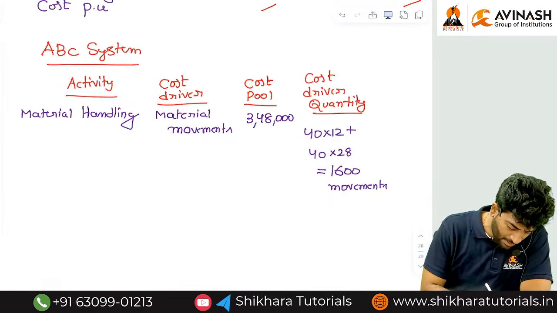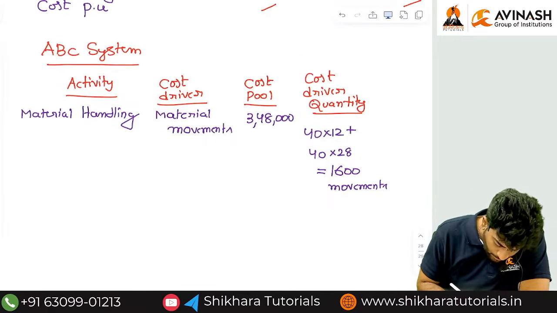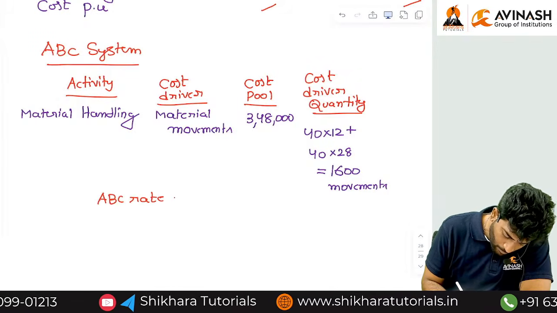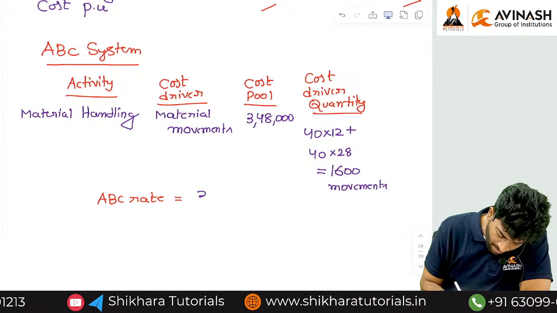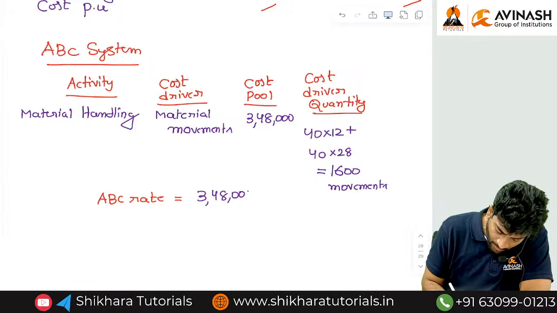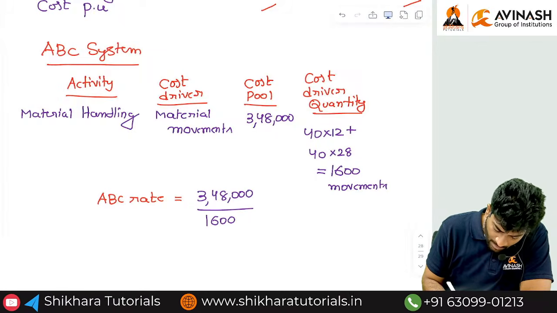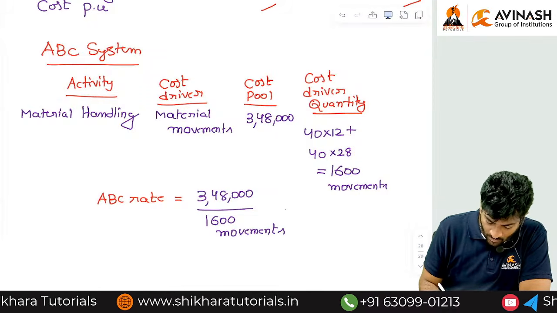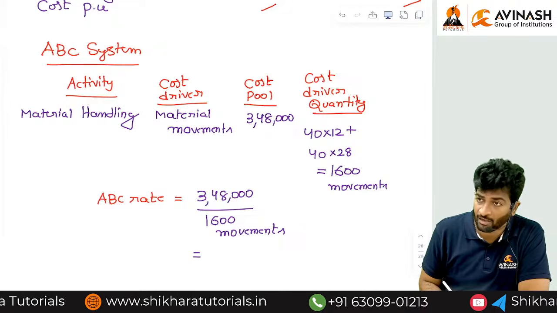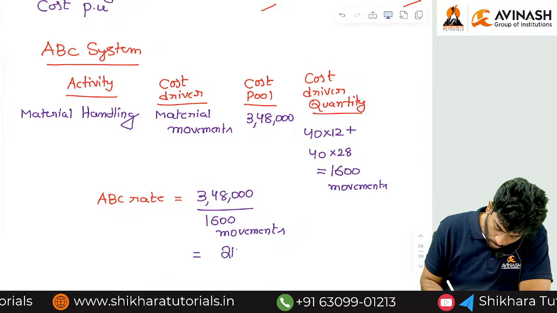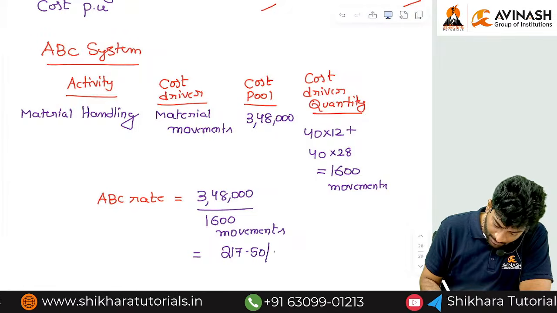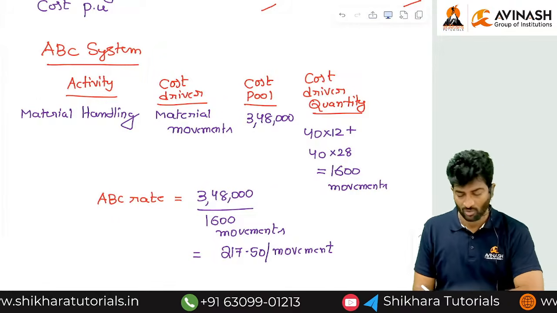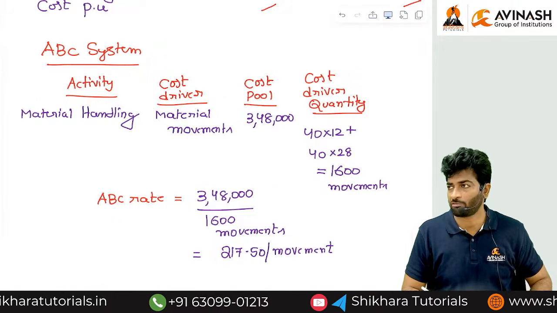Now the ABC rate is equal to 48,000 divided by 1600 movements, which is 217.50 per movement.